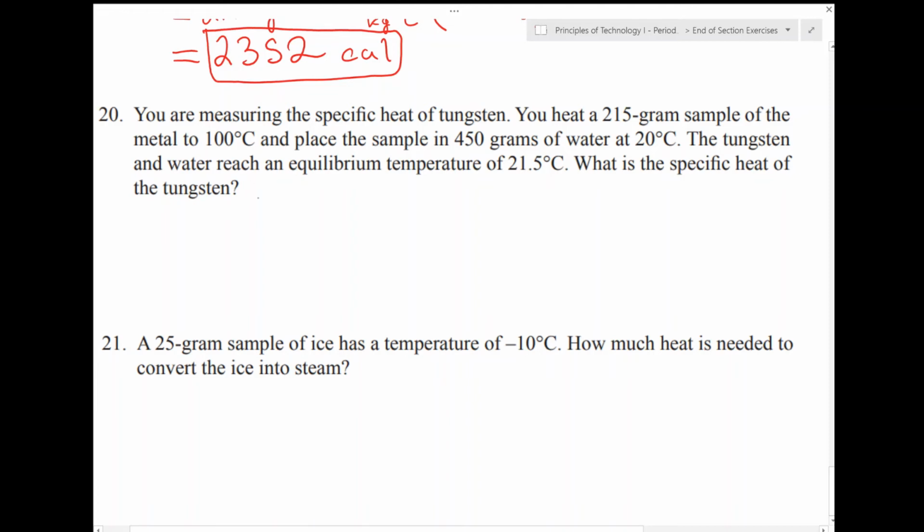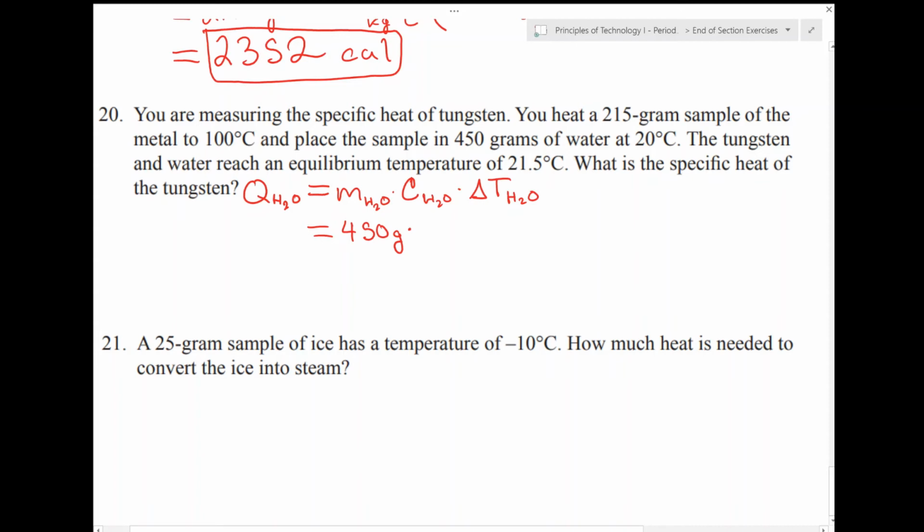We have to figure how much heat the water gains due to the hot tungsten being placed in it. And we're going to use the same equation we did above, mass, in this case of water, times the specific heat of water, times the temperature change of the water. We know that the mass of the water is 450 grams.